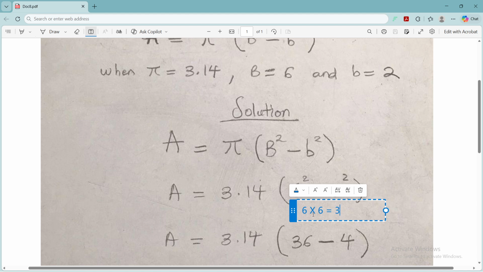So 6 times 6 gives you 36. That's how we have 36 here.